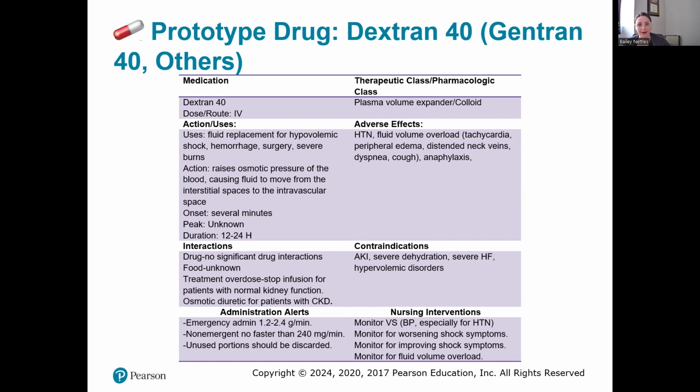So why not though? If their blood pressure is low, if they're dehydrated, why are we not going to fix it? Because we're going to kill them, okay? So in heart failure, if my heart already cannot pump what blood I have and what plasma I have, okay? So it's already struggling with what I got.